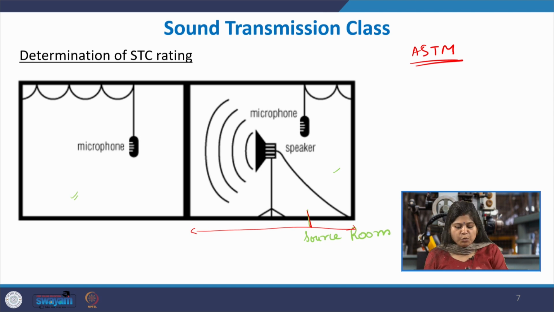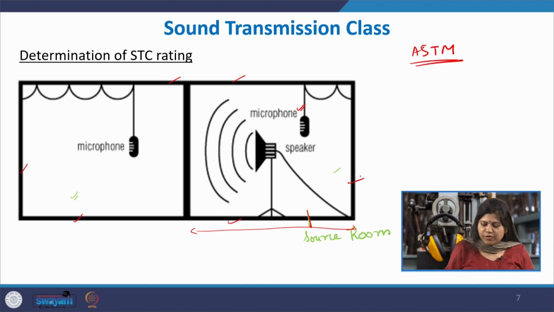So, you have a source room where you play the noise source, and you have a speaker here, and then a partition wall, and then the other room. All the other walls are made of the same material, which is supposedly acoustically hard, and only this one is the barrier material that has to be tested, this wall here.